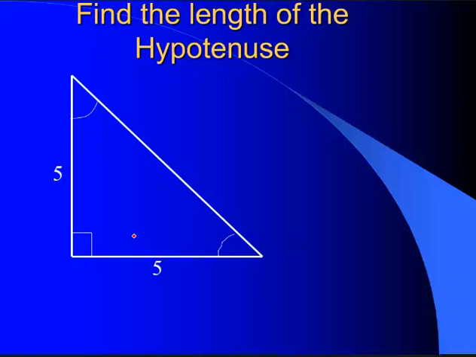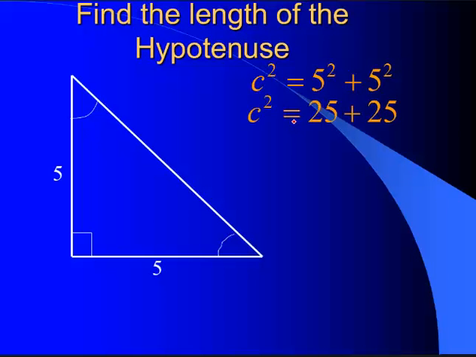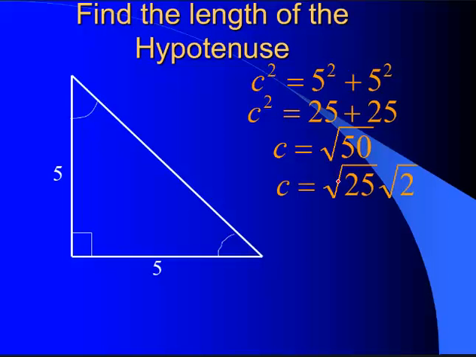Okay, so if you have this isosceles triangle, we know that these two are the same, so that tells me they have to be 45, which means my two legs have to be the same. What is the length of my hypotenuse? Okay, well, we could figure it out using Pythagorean's theorem. A squared plus b squared equals c squared. And we could do that all out and go through all of this math.